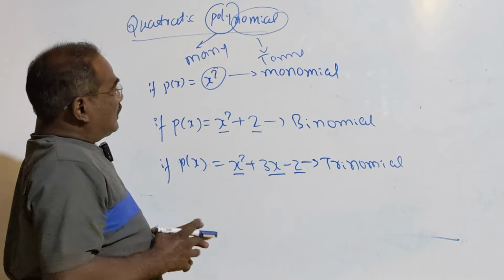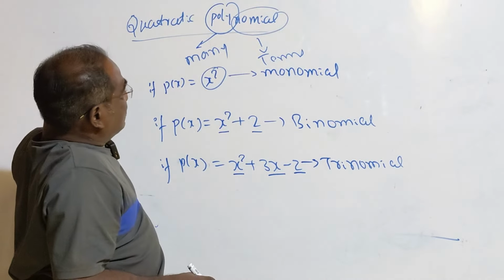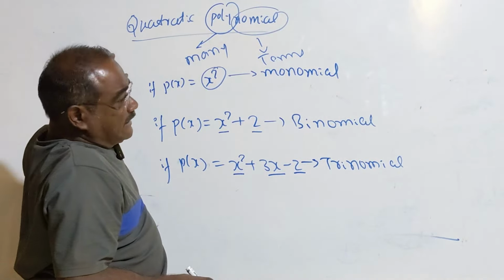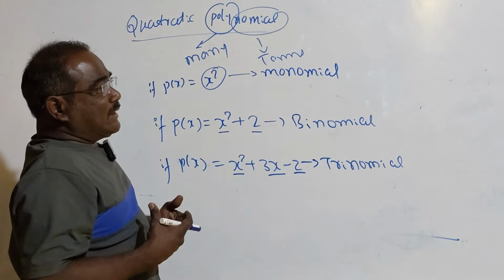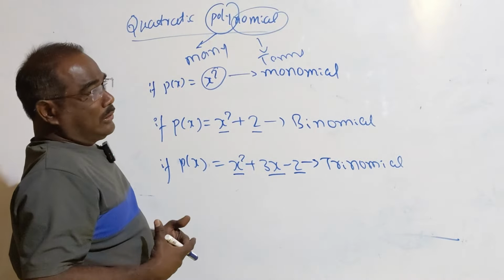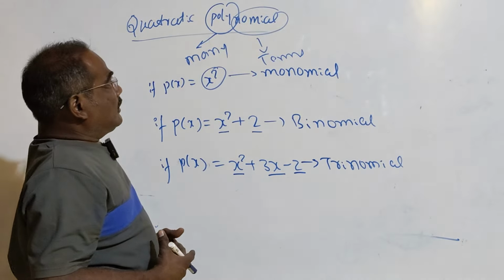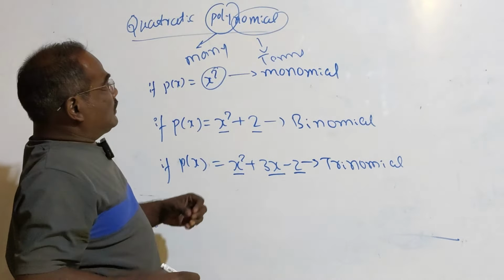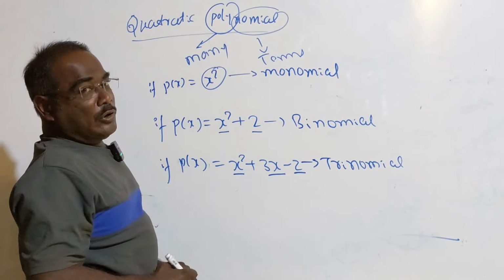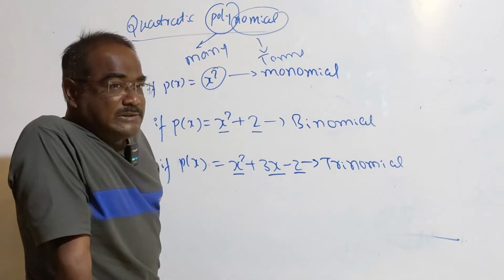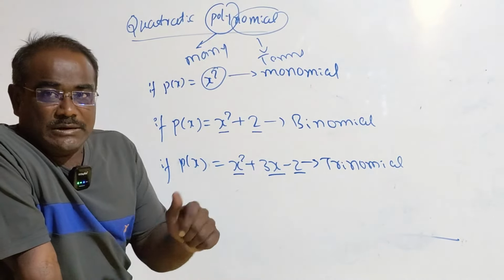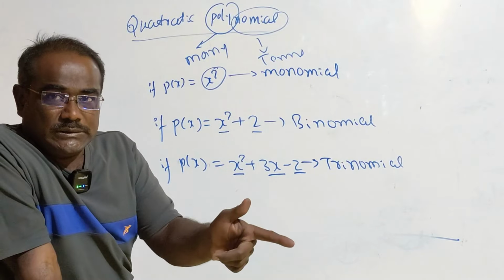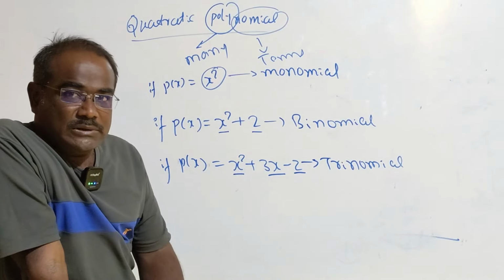So here we learned what is a quadratic, what is a polynomial, how we need to decide whether the given expression is a polynomial or not, and later we studied the classification of polynomials. There are two types of classification, based on degree and based on number of terms.